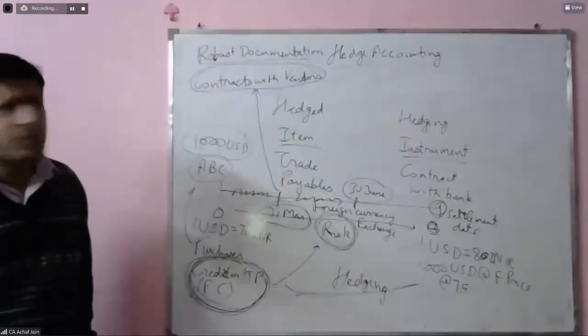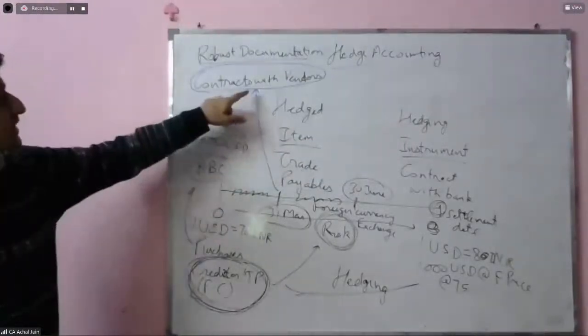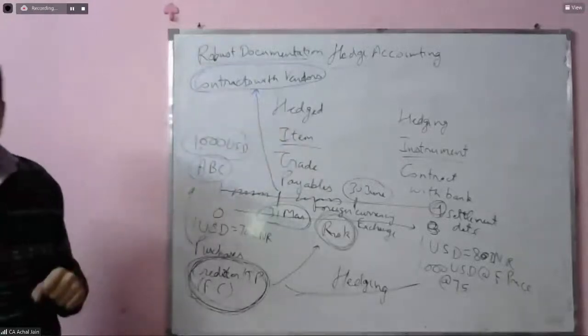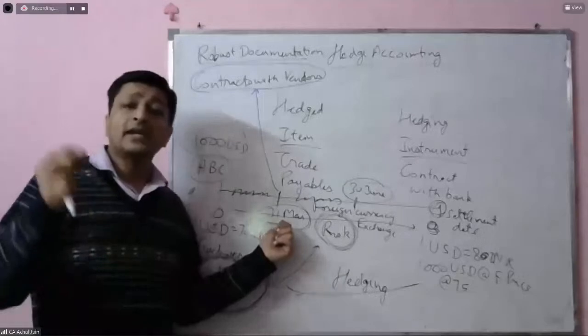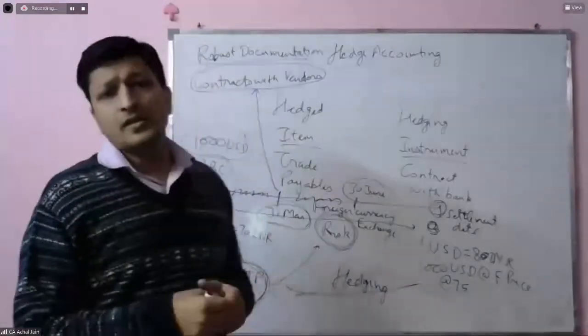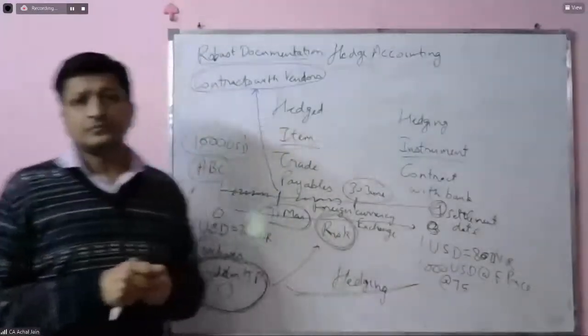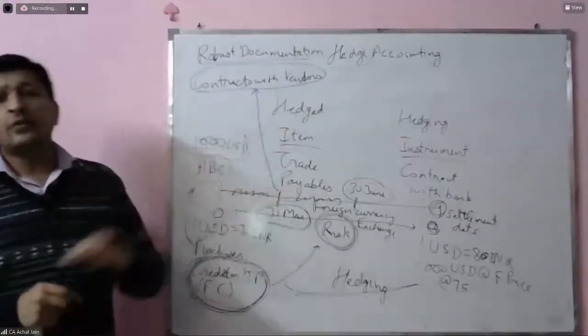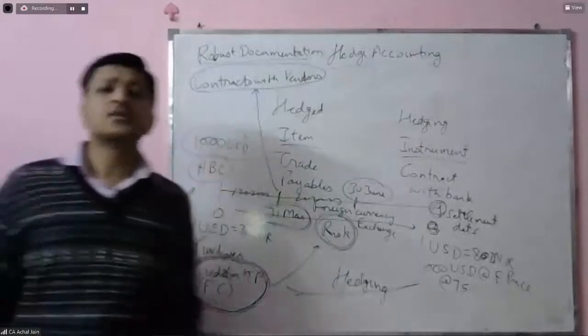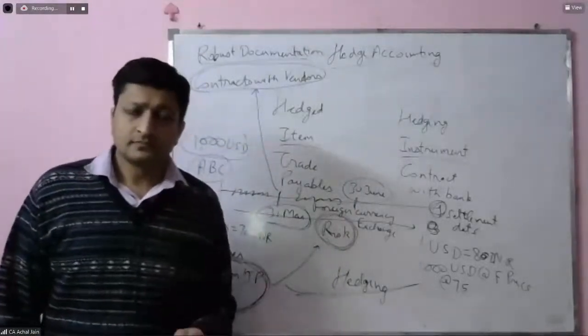Yes or no? It's possible. In this case, can we say that these are hedged items? Yes, because if you look at 31st March, entity has got exposure to foreign currency. And there's a significant exposure because all of these are signed contracts. Entity will have to execute them.